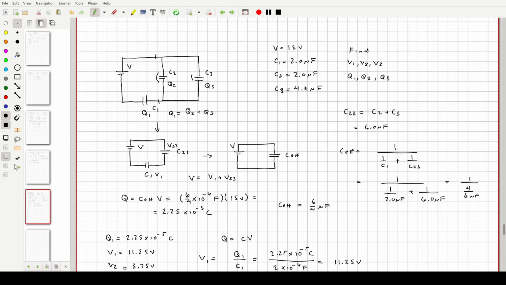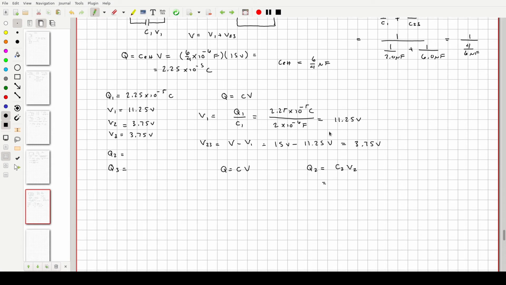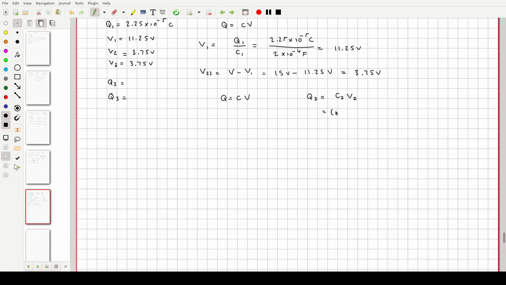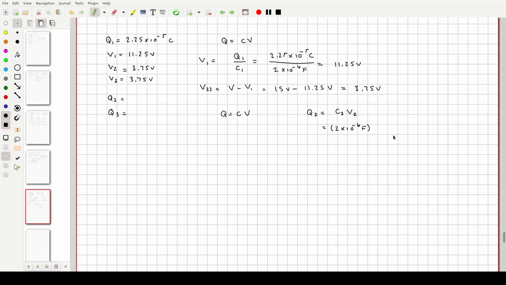What's C2? 2 times 10 to the minus 6 farads. What's V2? Well, we just found that, 3.75 volts. So, 3.75 times 2 times 10 to the minus 6. 7.5 times 10 to the minus 6 coulombs.